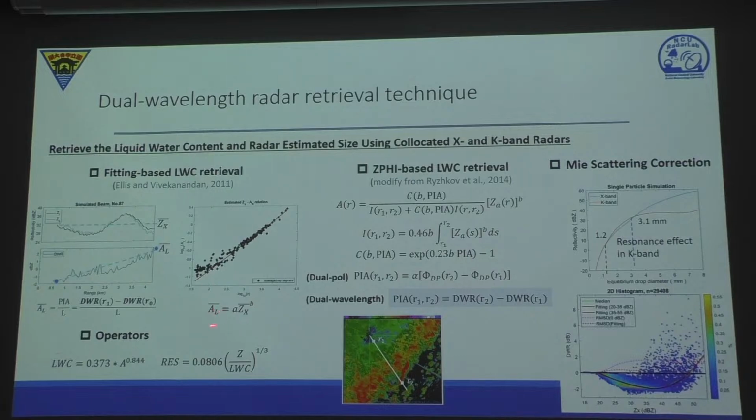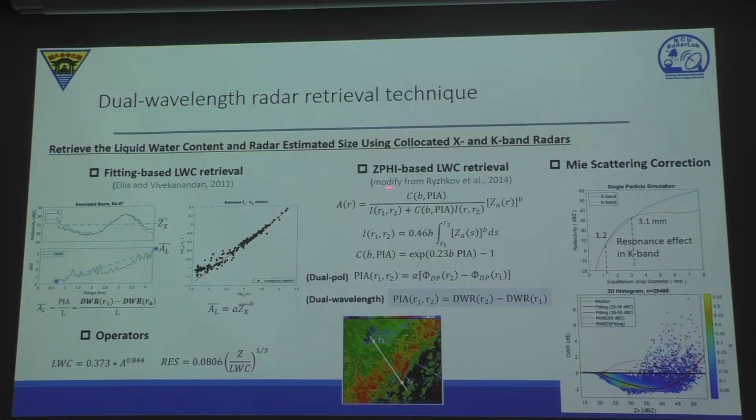But the disadvantage of this algorithm is that the coefficients A and B show very little reliability, especially coefficient A, since there is only one coefficient, so it doesn't show the variability of the DSD, and each gate should have a different value of coefficient A. So we introduced a ZΦ technique, which has been used a lot in the polarimetric radar community.